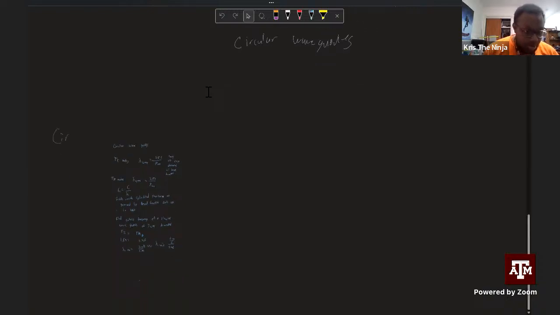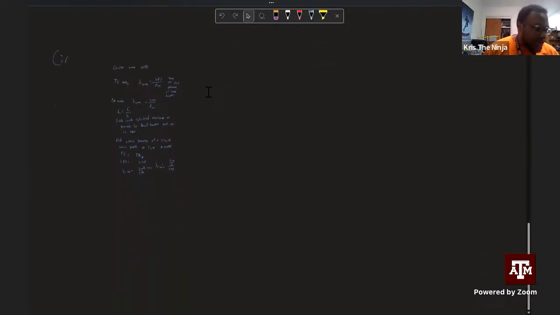Oh no, I did. Circular waveguides have the same modes, except that it's 2 pi r over p prime for TE modes, and then lambda cutoff of mn is 2 pi r over p mn.